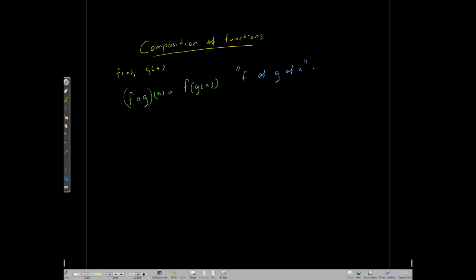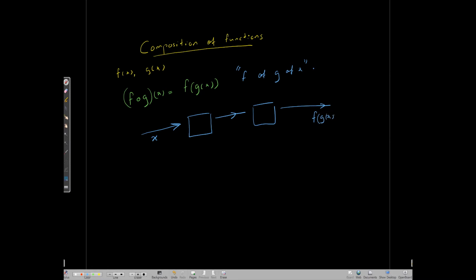Now what's happening here is actually there are two machines. Remember I told you a function is like a machine. You first input x into one machine and the output goes through the other machine and comes out as f of g of x.